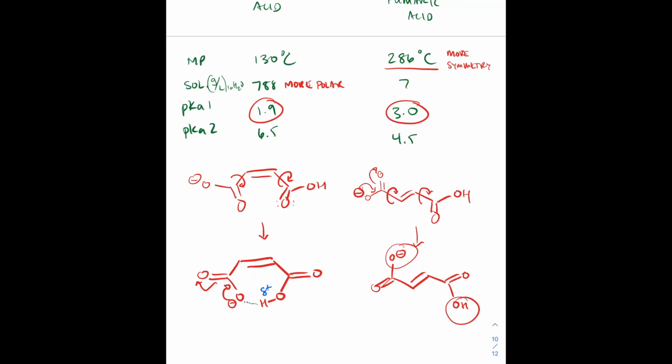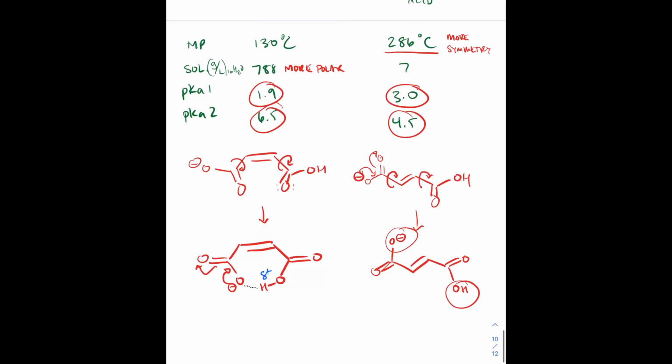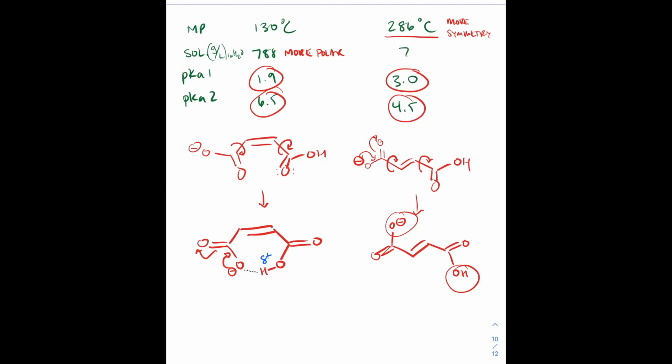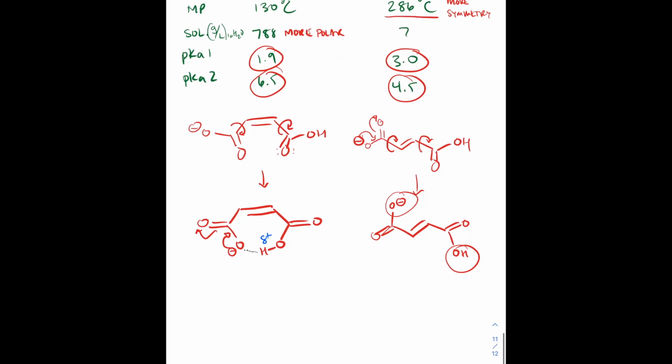On that same note, take a look at the second pKa, 6.5 versus 4.5. We've got a higher pKa for the maleic acid now, rather than that significantly lower one. Or I guess it's one value, right?